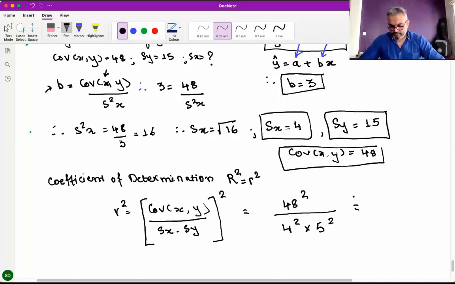calculate it. 4 square, printing mistake. Okay, 4 square into s of y is 15. So 15 square, which is equal to 48 square is 2304 upon 4 square, 16 into 225.